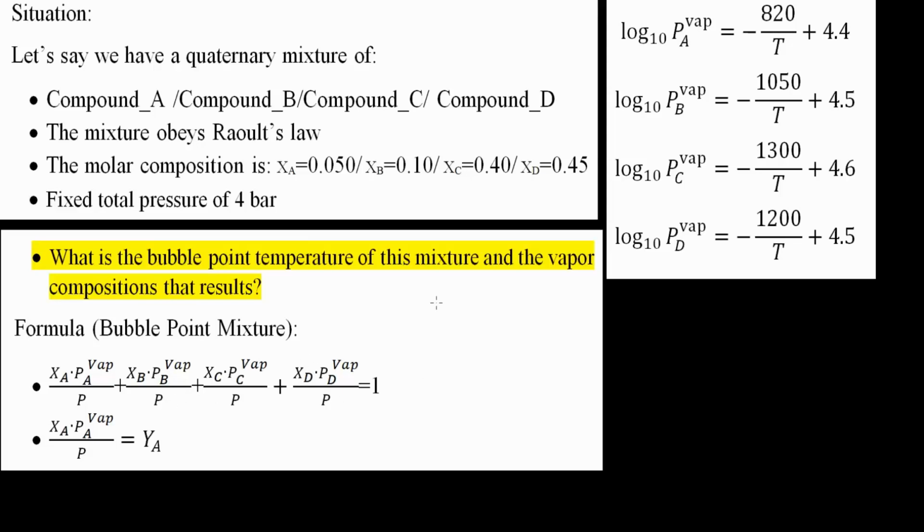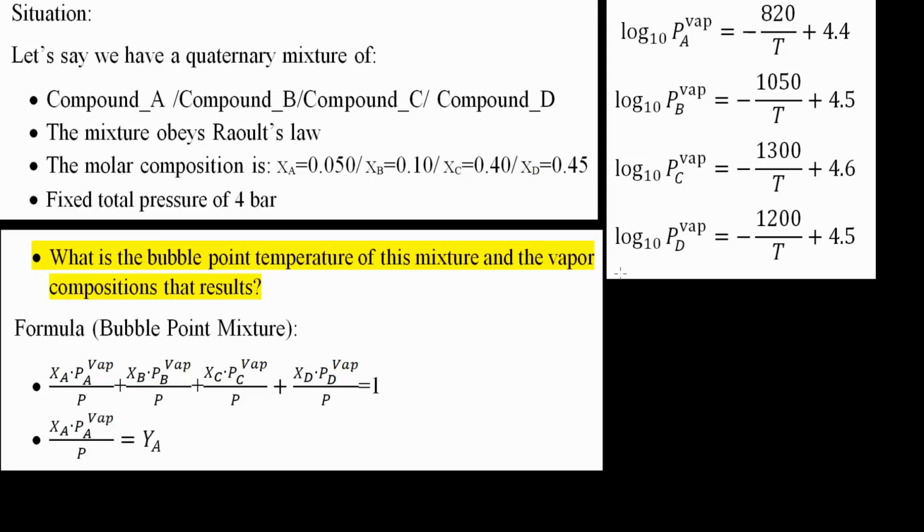If you notice, our vapor pressure involves temperature. So we can say that PA VAP is equal to 10 raised to this piece right here for each one. This way, we will ultimately solve for T because we know P, we know XA, we know XB, we know everything else. We just don't know T.